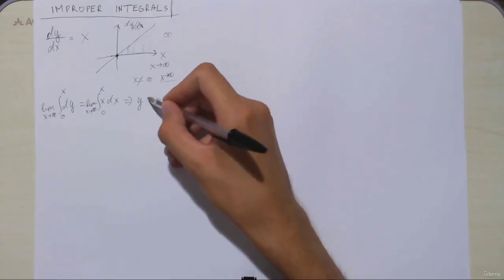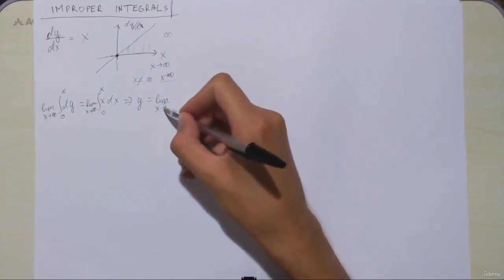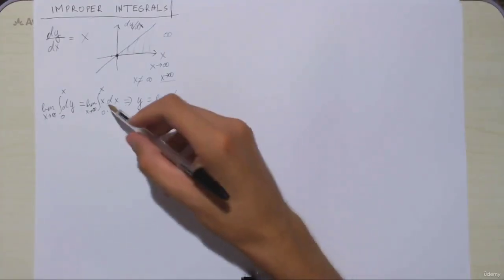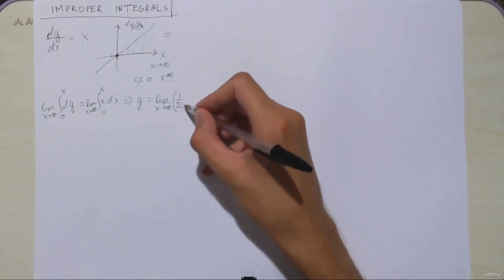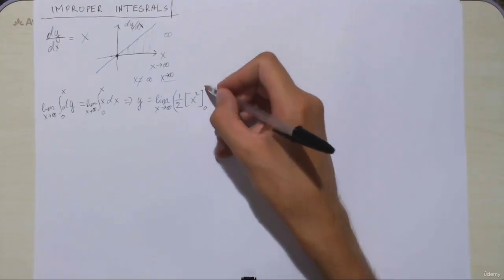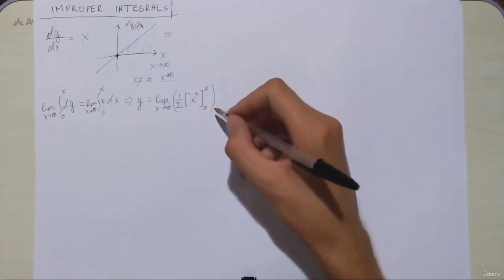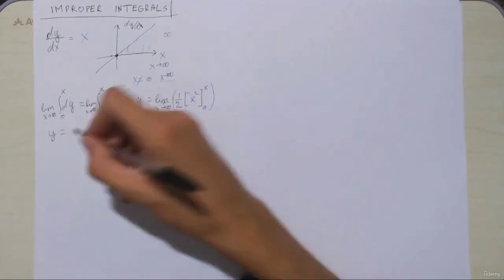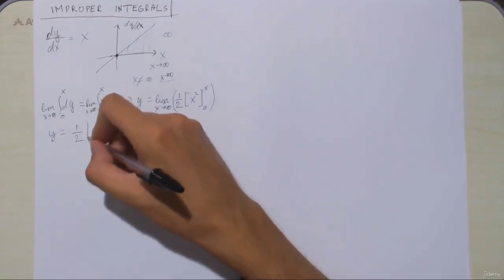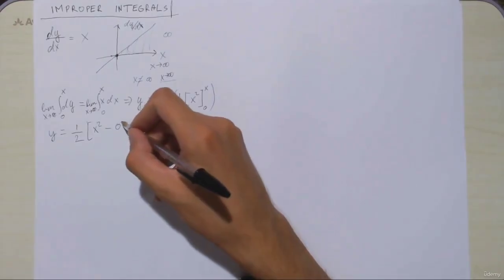So it would be y equals the limit as x approaches infinity. And now you already know that the answer would be 1/2 x squared. Then you would go from 0 to x, and x approaches infinity. So your y would be 1/2 x squared minus 0.